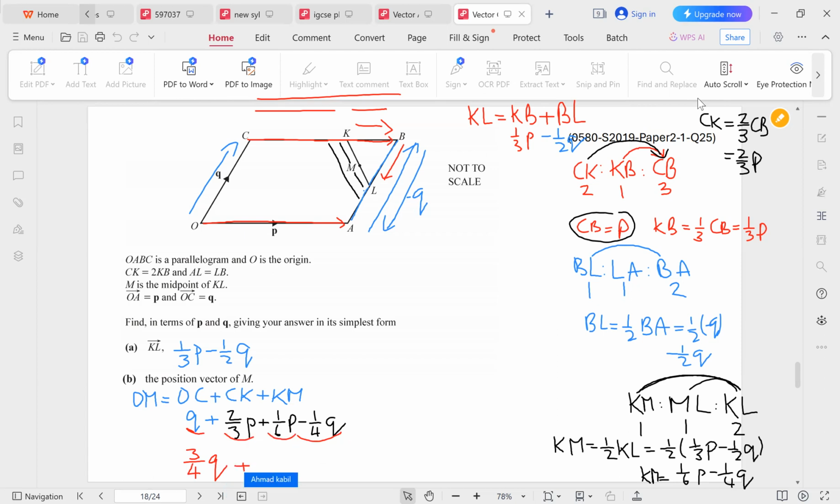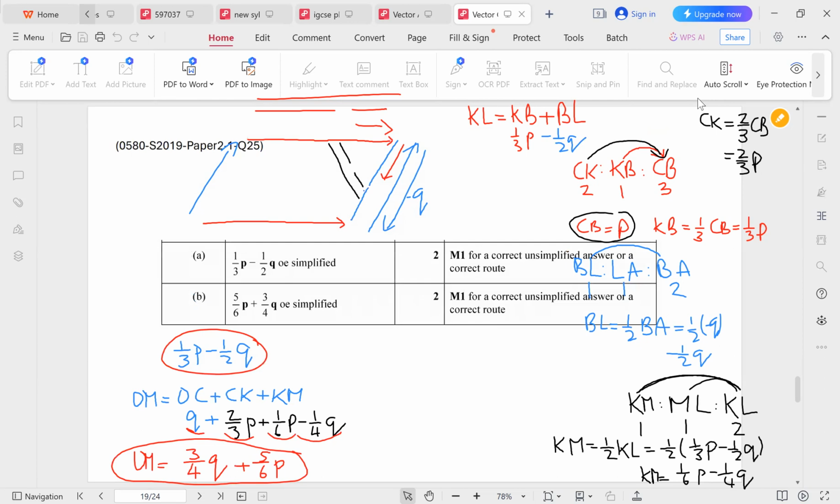That would give us 5 over 6P. And that would be the final answer for OM. So this is the final answer for B, and this is the final answer for A. Let's check the marking scheme. So 1 over 3P minus half Q is correct, and 3 over 4Q plus 5 over 6P is correct as well.